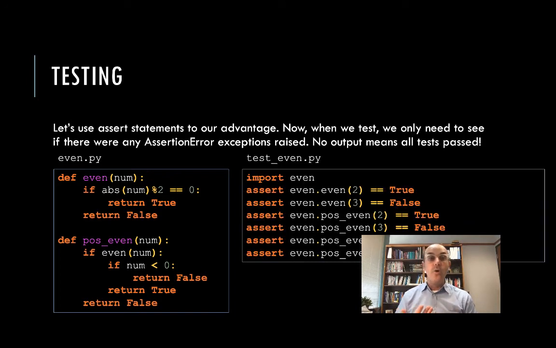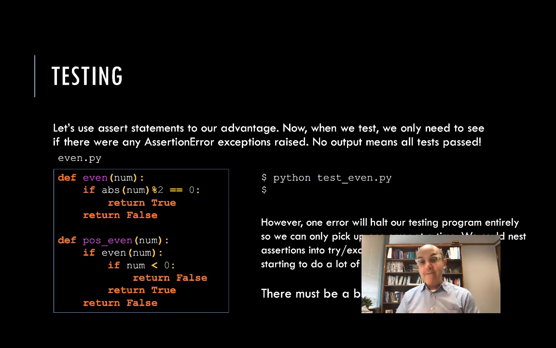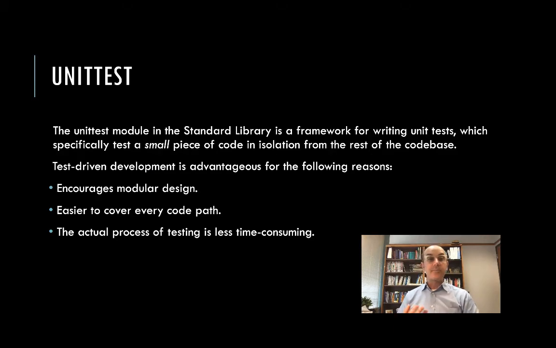So the issue is, let's use the assertion statement to our advantage, and we will only test to see if an assertion error is expected to be raised. No output means all tests passed in this case. Again, I gave you the code, I gave you the example. This is a better way for us to do that.